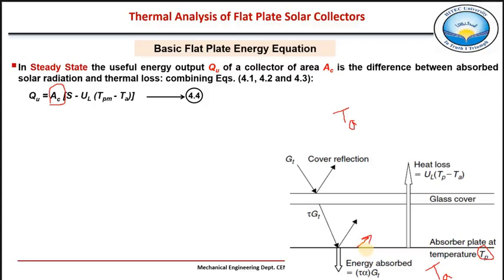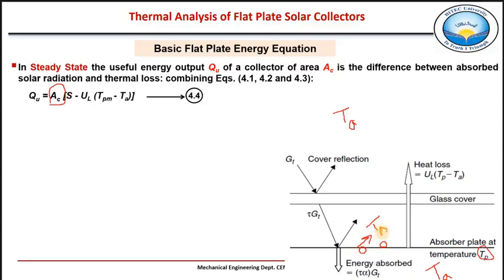How the tubes are attached. Tubes are attached on the top or on the bottom of this surface, and the type of fluid which is flowing through these tubes, and also the flow rate at which this fluid is flowing through these tubes, that will also affect ultimately this TP, the plate mean temperature.